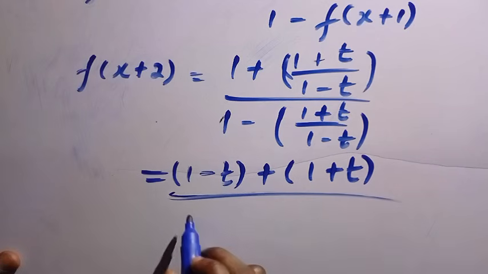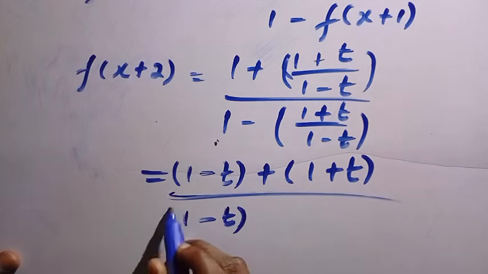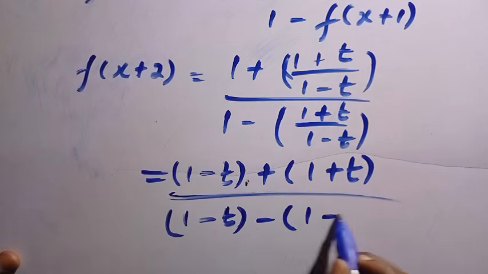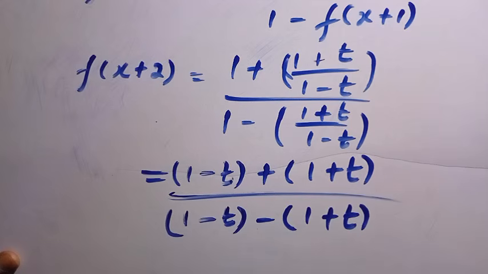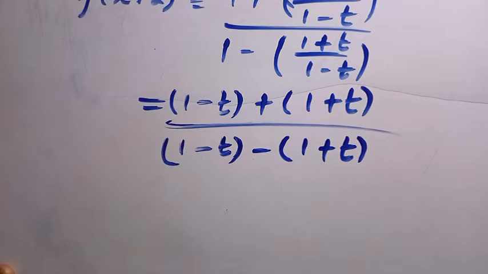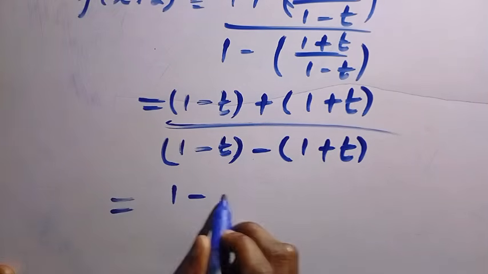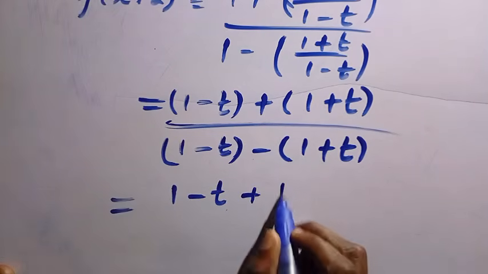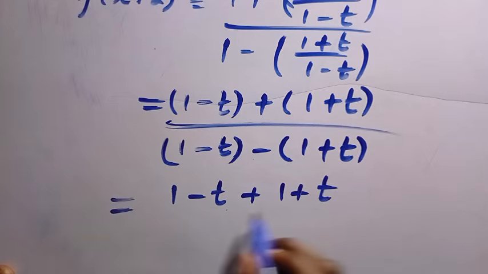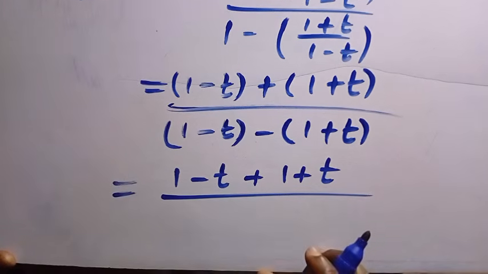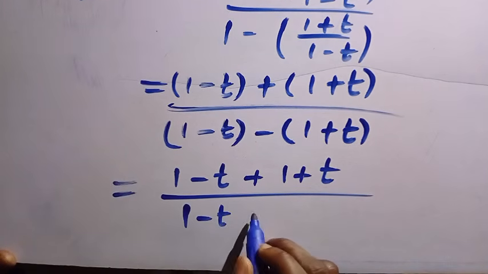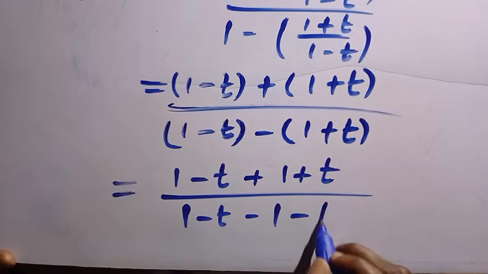Finding the LCM of the denominator, we have (1 - t) minus (1 + t). So let's open this: we have (1 - t + 1 + t) divided by (1 - t - 1 - t).